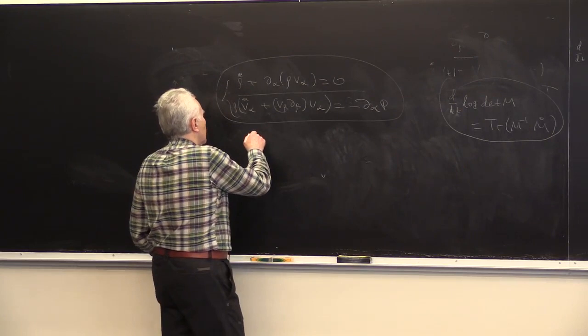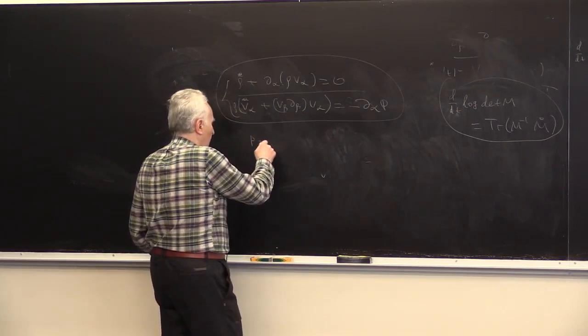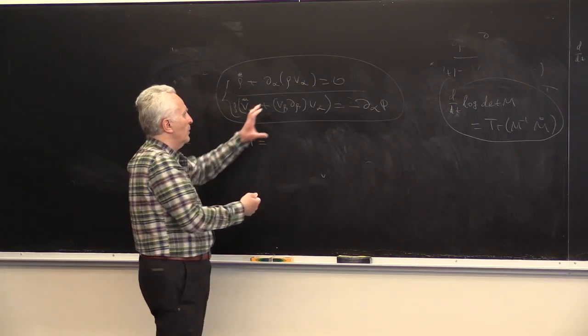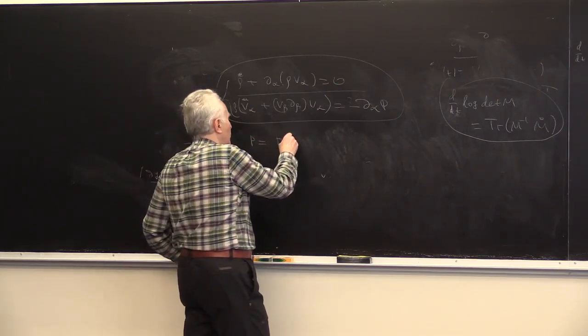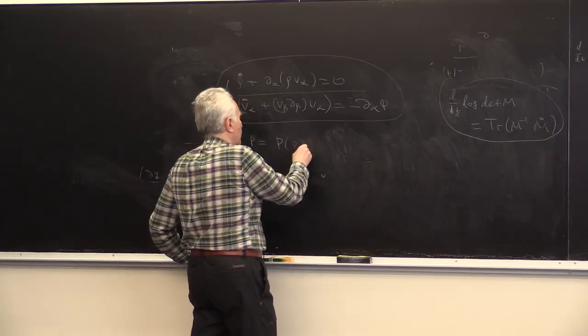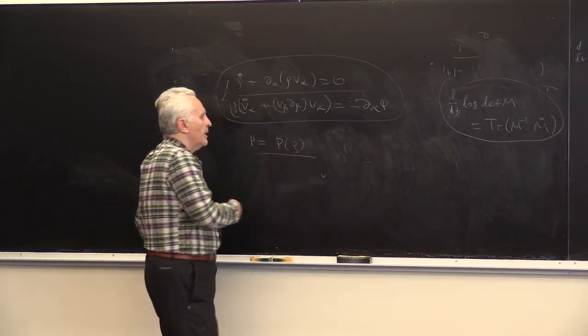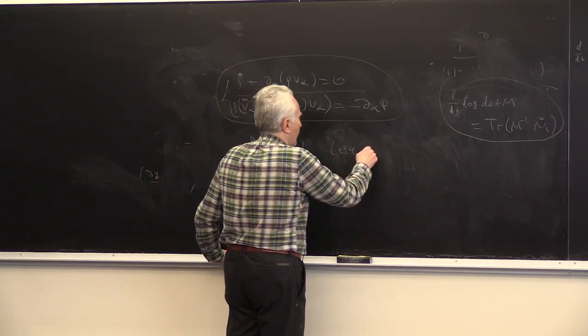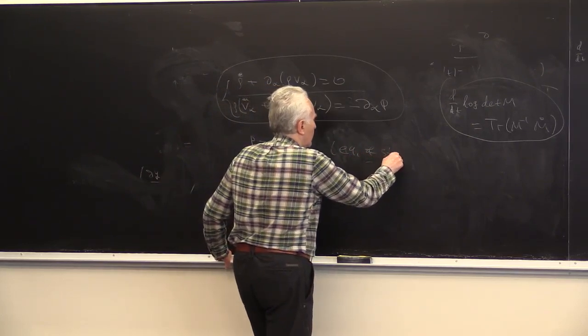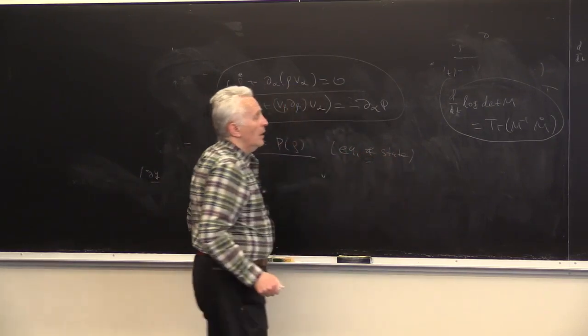Well, in other words, I shall tell you what we will be doing, and then I'll justify this. You assume that the pressure in the system satisfies some thermodynamic equation of state.